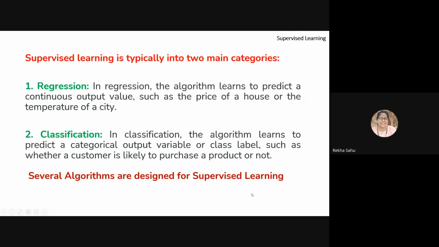We have many types of supervised machine learning models, both for regression as well as for classification. Some specific models are used for classification, some specific models are used for regression, and some models are used for both classification and regression.